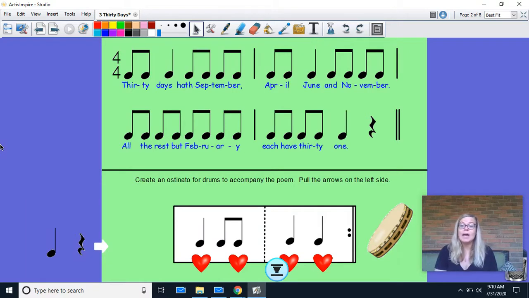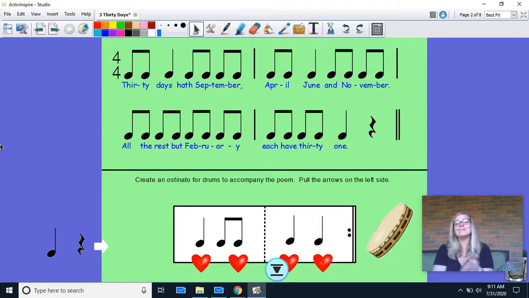Let's say the poem. You go ahead and play the ostinato. I'll say the poem. Before we do that, let's just practice the ostinato. 1, 2, ready, go. Ta, ta, ti, ta, ta, ta, ta, ti, ta, ta. Good. If you've got that, now you're ready to play that while I say the poem. 1, 2, ready, go. 30 days hath September, April, June, and November.